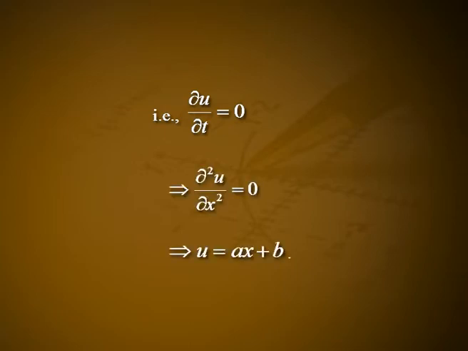Solution. Let the temperature function u(x,t) satisfy the differential equation ∂u/∂t = c² ∂²u/∂x². In the steady state, the heat flow is independent of time. That is, ∂u/∂t = 0, which implies ∂²u/∂x² = 0, which implies u = ax + b.